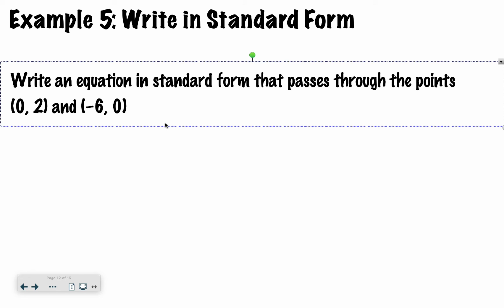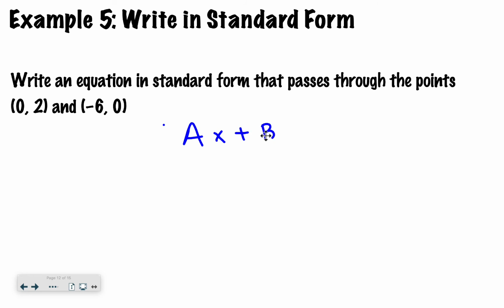So with standard form, when you are given 2 points and we're trying to write it in Ax plus By equals C, remember, A is going to equal whatever your y value is.